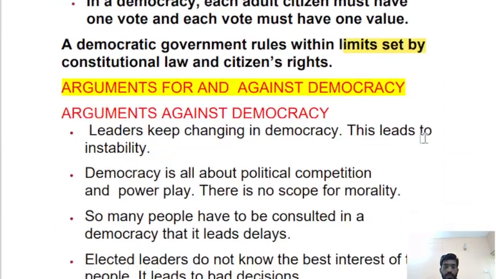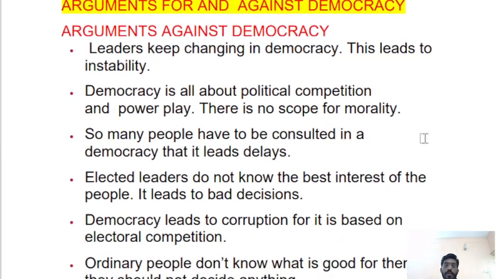Okay, now we are going to discuss arguments in favor of democracy and arguments against democracy. Here arguments against democracy we can call the demerits of democracy, and arguments in favor of democracy we can call the merits of democracy. Okay, first, the arguments against democracy. The first one is leaders keep changing in democracy.